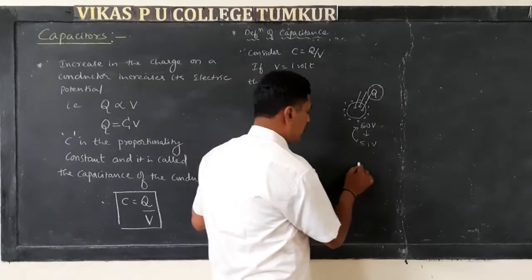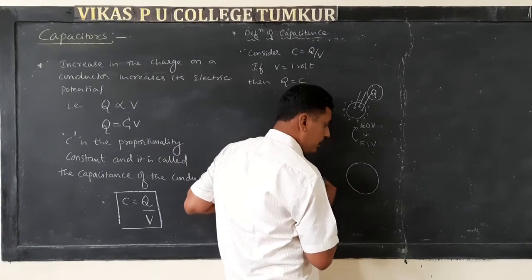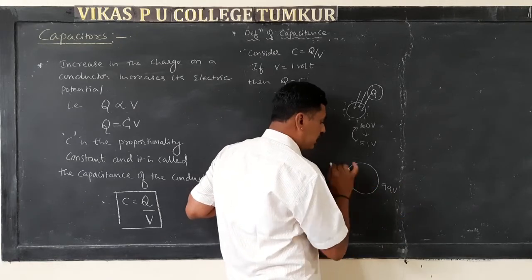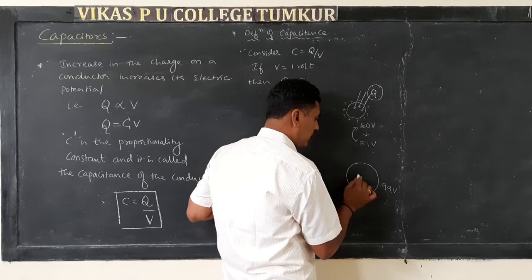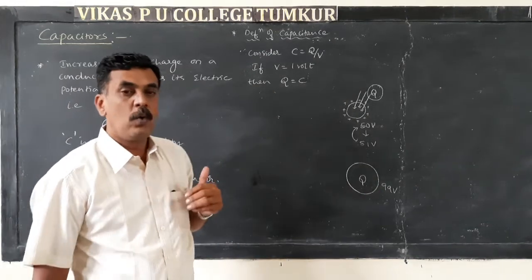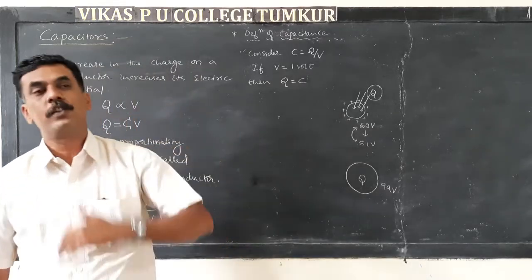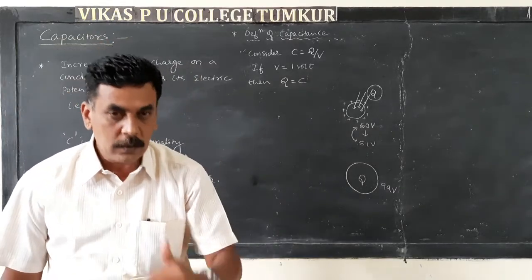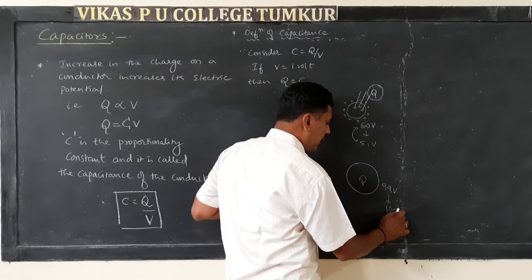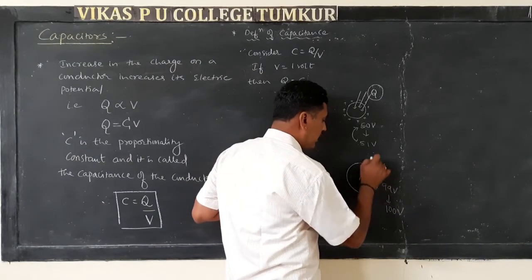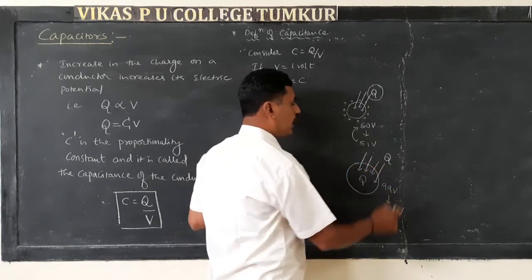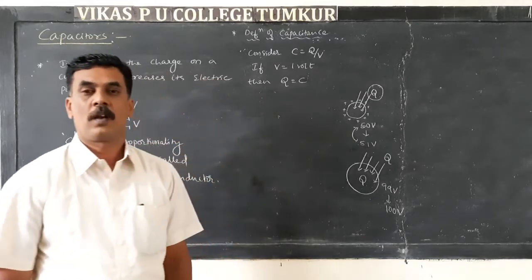Or taking another example, there is some other conductor which has 99 volt potential because it has already been charged. It is carrying charge. Now I am asked to raise its potential by 1 volt to 100 volt. So to make 99 into 100, I need to add charge.